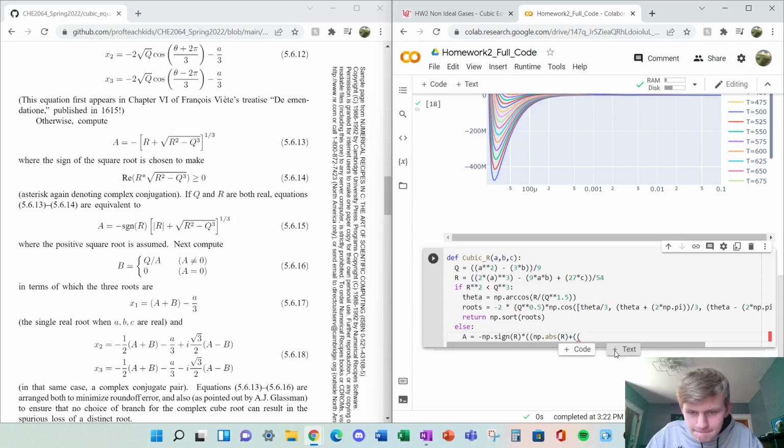So we will have our R squared plus our Q cubed, and we'll close off this whole function and have the next portion of our function be set to our square root. So we multiply that by 0.5. We'll keep that in parentheses just to reduce errors. So then we close off that function.